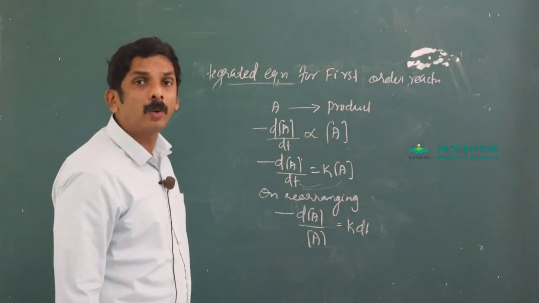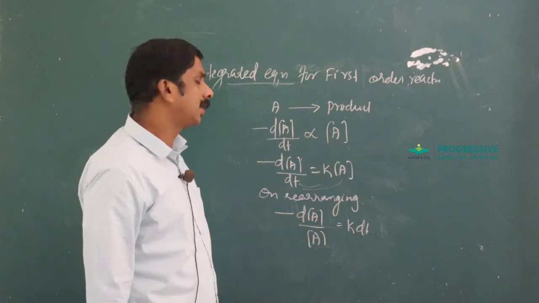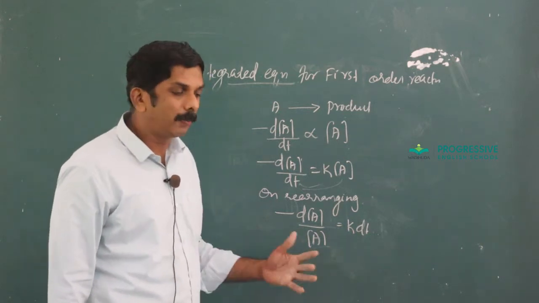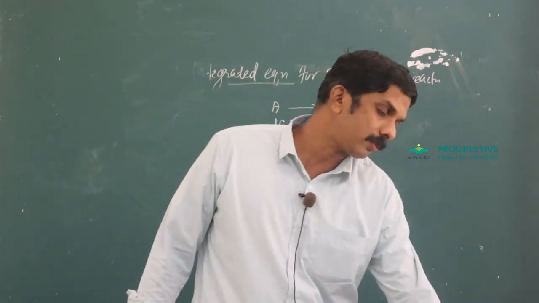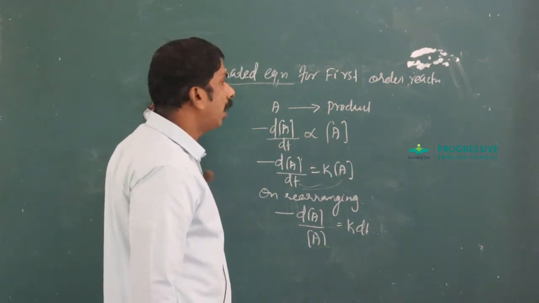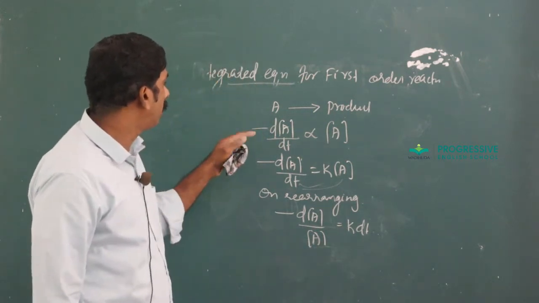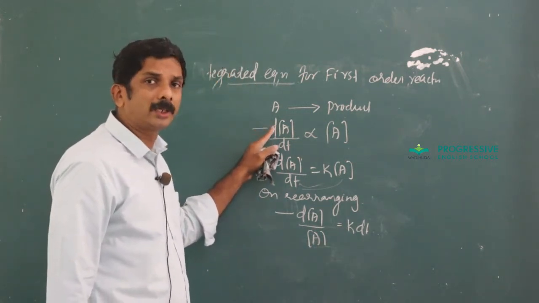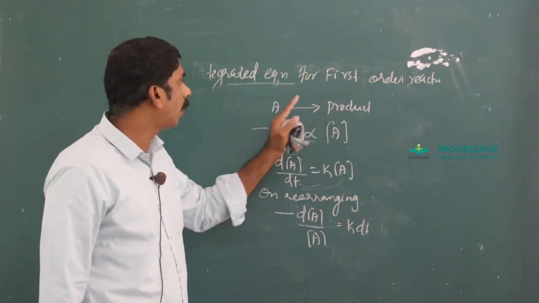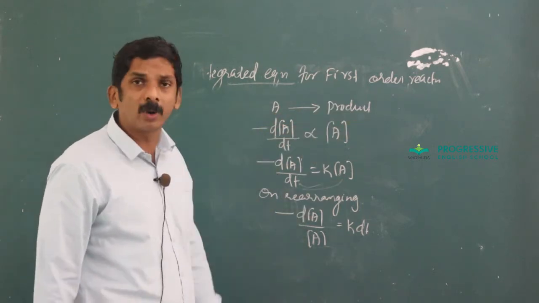Next, we have to integrate this equation as in the previous case. I repeat once more, consider a reaction A gives product which follows first order kinetics.